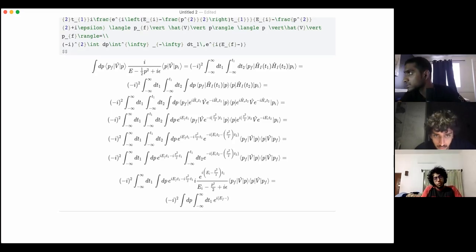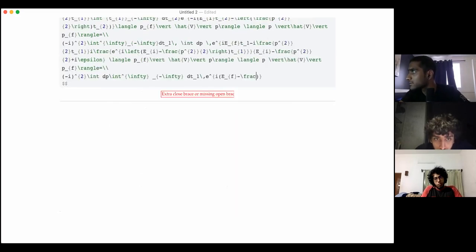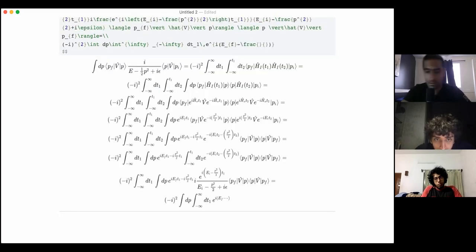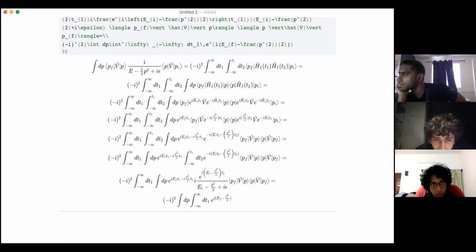Minus p squared over 2 plus e to the i over, plus e to the i. Sorry, is it a minus or a plus? I think that there's been a plus or a minus that we played with the wrong way somewhere, because what should happen here is that the p squared should cancel.